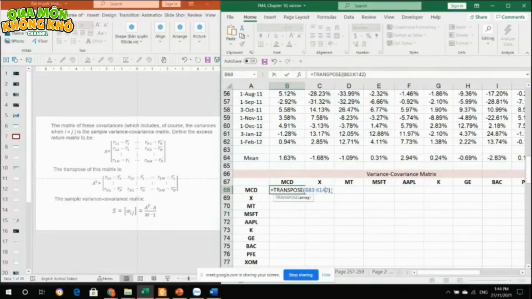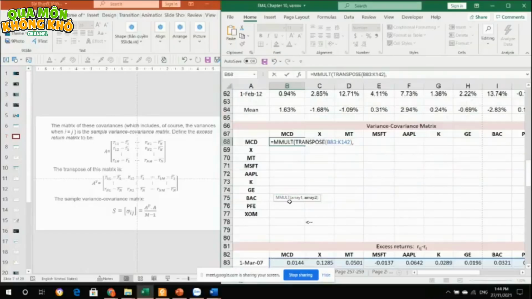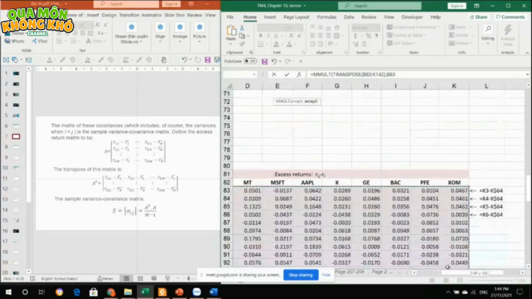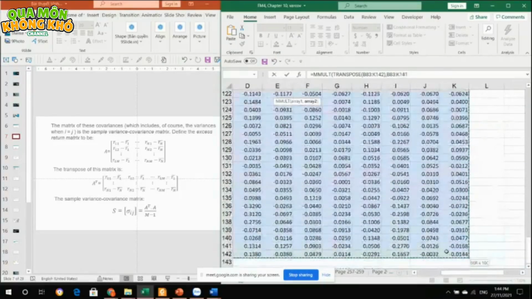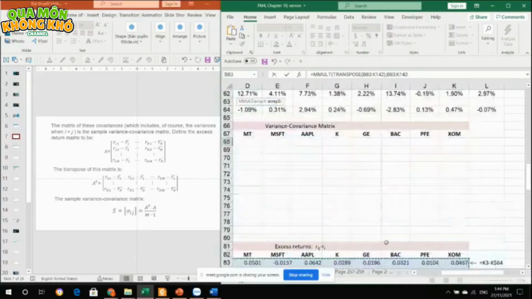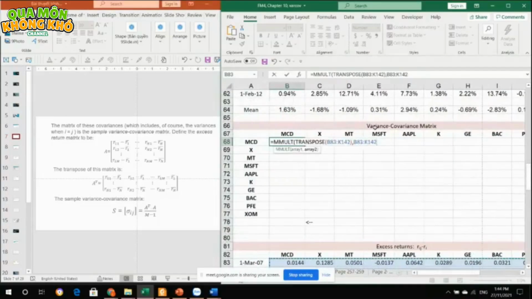Multiply the matrix A, we use the function mmult, which means matrix multiply. So we have the transpose of matrix A multiplied by matrix A, then we divide by m minus 1.